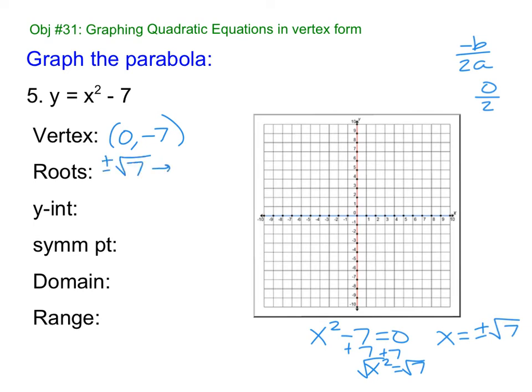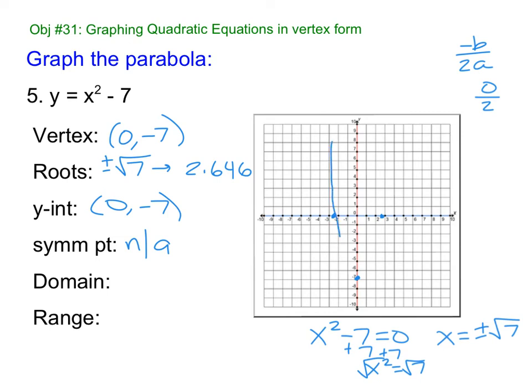So I'm going to put that in decimal form because that's not helpful. 2.646. My y-intercept is exactly the same as my vertex, which means there's no symmetric point. So to graph this, I'm going to go 0, negative 7, and then my roots. So 2.6, negative 2.6.